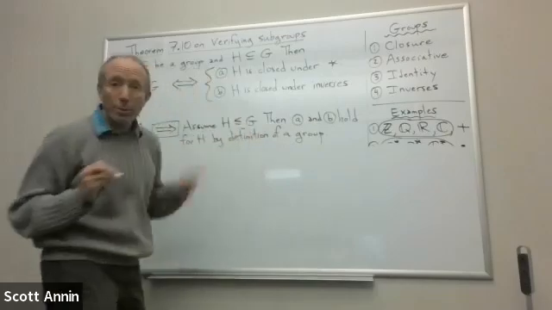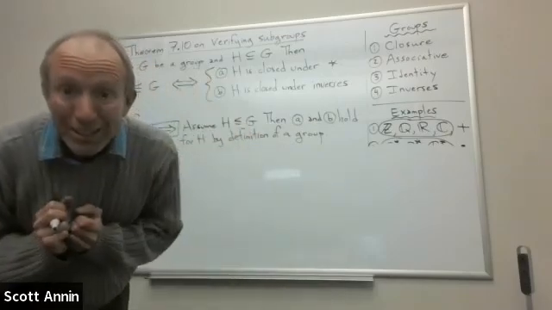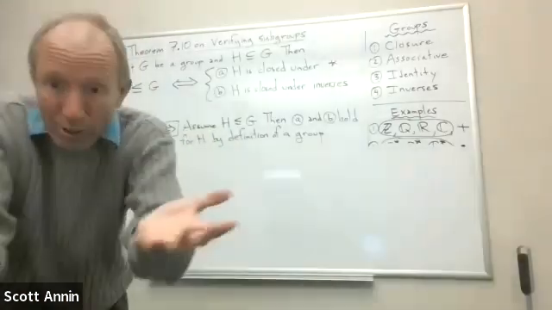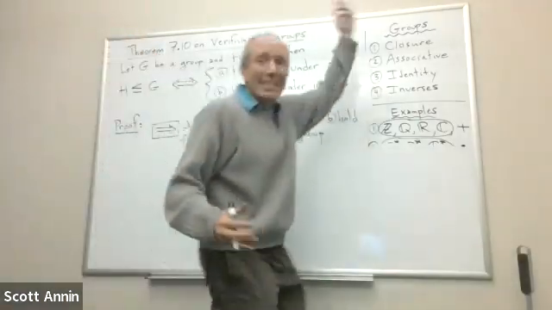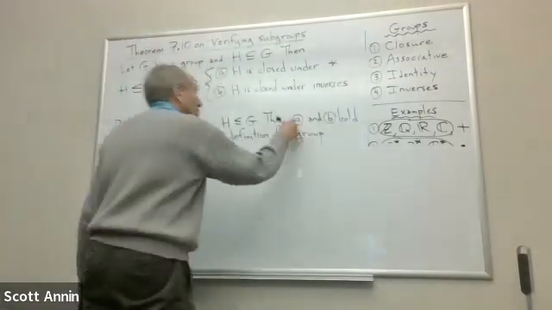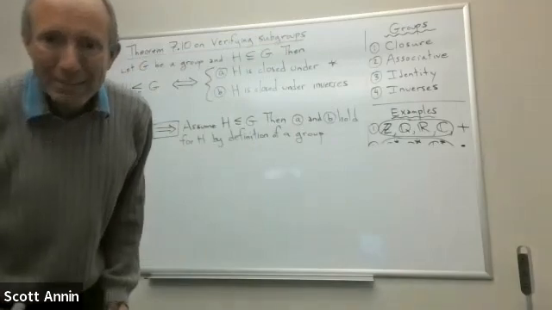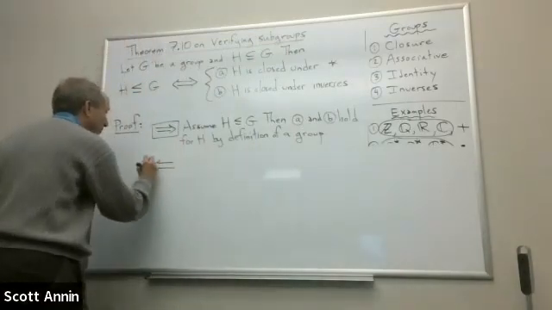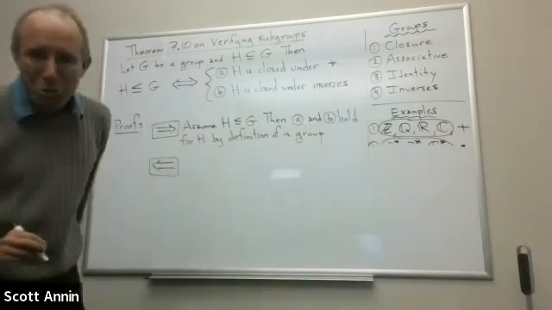Remember, if H is a subgroup of G, it means it is a group in its own right? We're assuming that H is a group. It's a subgroup, so it's a group. So it already has these axioms. Specifically, it has closure and inverses being preserved. So nothing else we have to say about that part of the proof. That becomes an automatic conclusion.